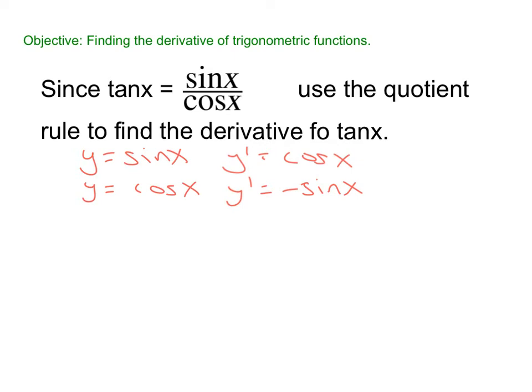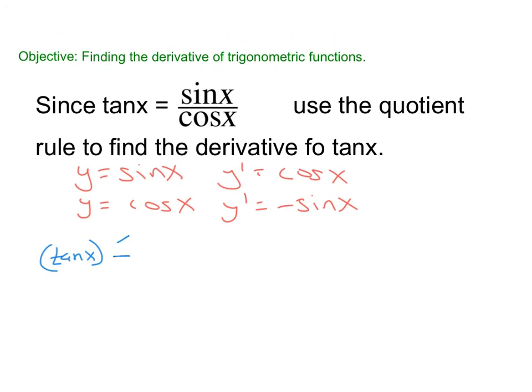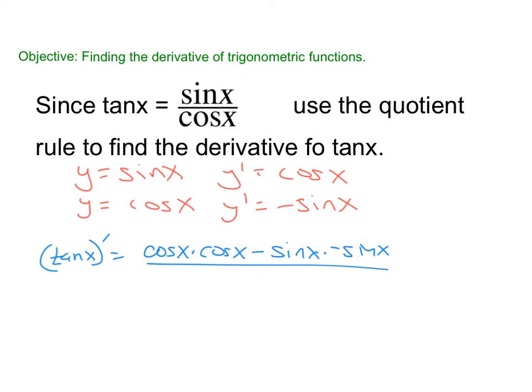So tan x prime equals derivative of the top, cosine, so cosine times cosine, minus sine times negative sine, all over cosine squared.